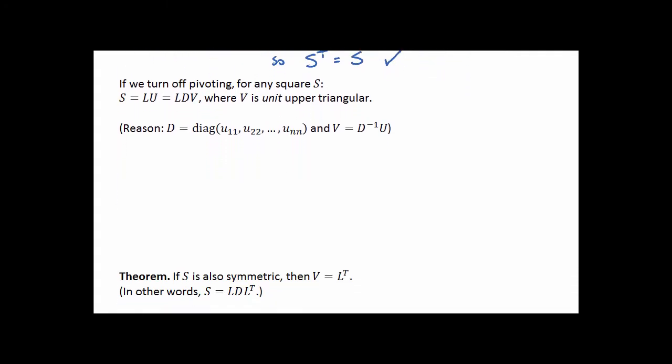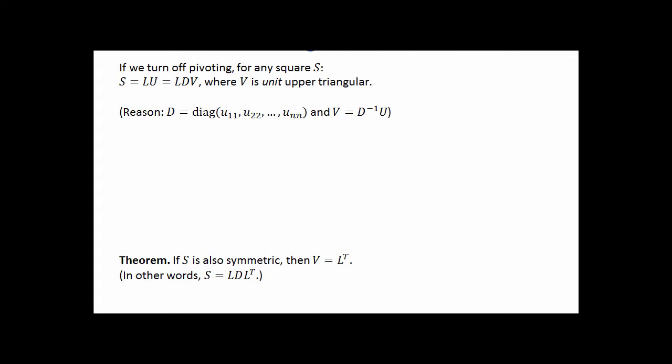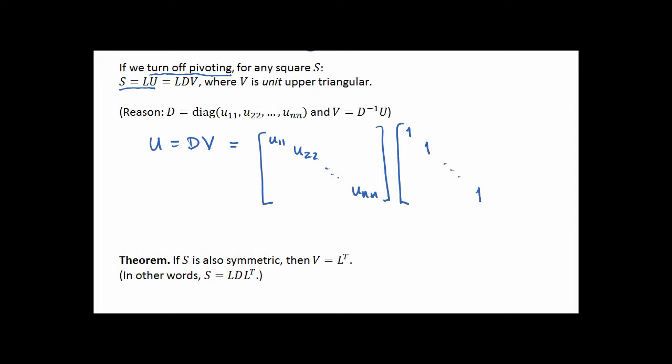So if for a minute you imagine that we do Gaussian elimination, or LU factorization, without pivoting, then we just get S is equal to L times U. Well, we can always write U as a diagonal matrix D times V. So the way we do this is we just pick off the diagonal elements from U, and that leaves us with 1s on the main diagonal, plus other stuff up here in the upper triangle.